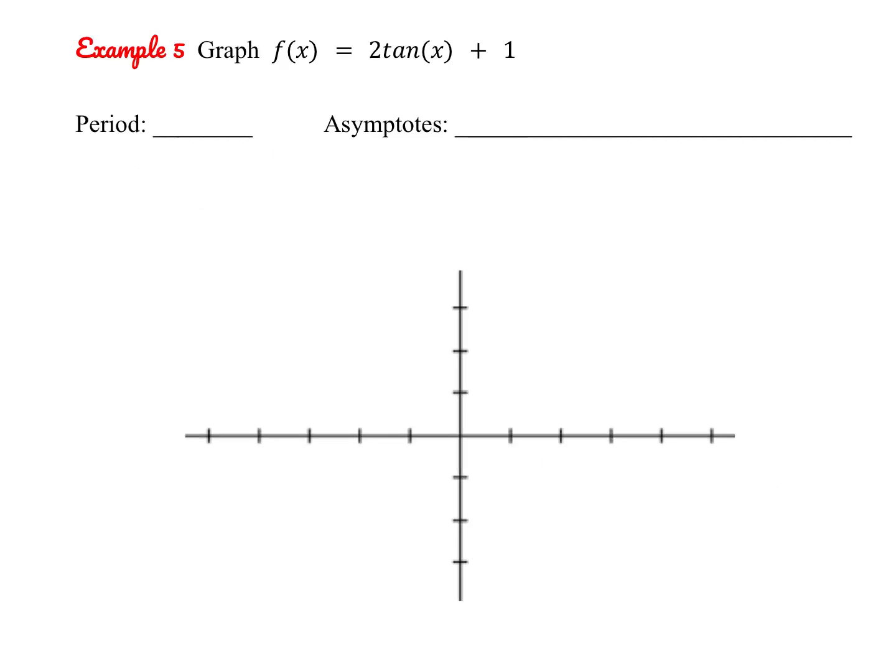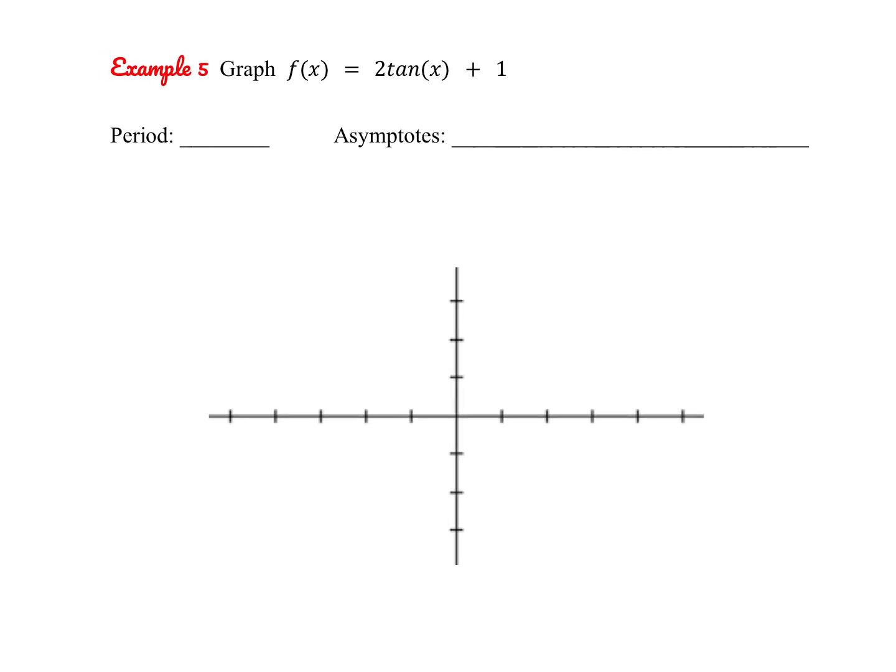All right, so now we're going to try a couple that have multiple transformations in one. So here I always check the period first. The period is going to be unchanged because there's no b value. For the scale, split your period into 4. And we're ready to place the asymptotes.